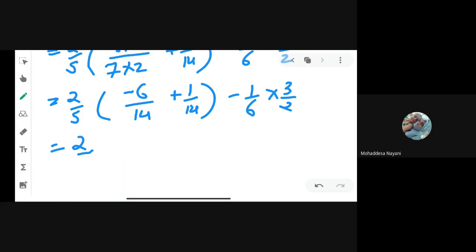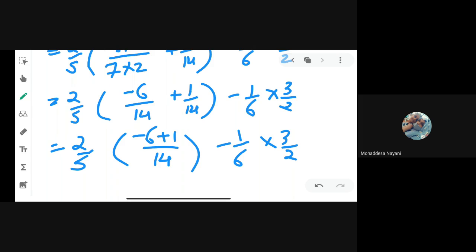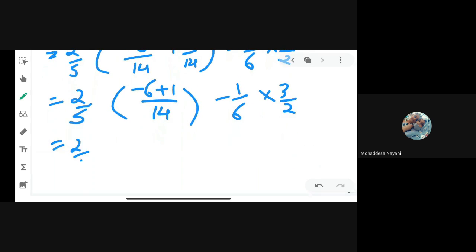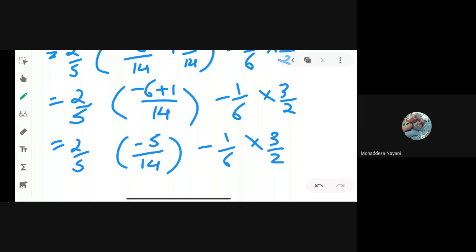Now we have equal denominators, so we add the numerators. In the numerator, minus 6 plus 1 means minus plus, and the sign of the bigger number. The bigger number is 6, so the sign is minus. 6 minus 1 is 5 upon 14, minus 1 by 6 into 3 by 2.